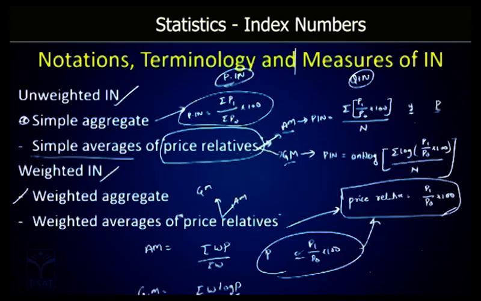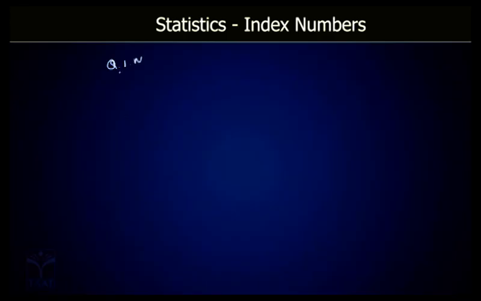Now we will see the same formulas for quantity, that is nothing but the quantity index numbers, QIN. In this also we have the same. First is unweighted and second is weighted.